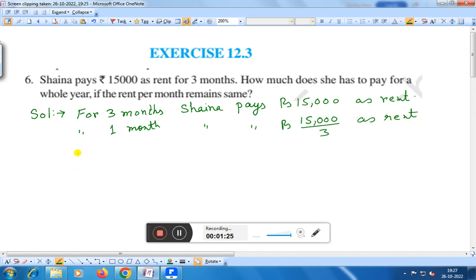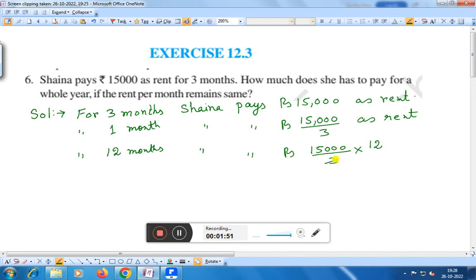Therefore, we know that 1 year is equal to 12 months. Therefore, for 12 months, Saina pays rupees 15,000 by 3 into 12.